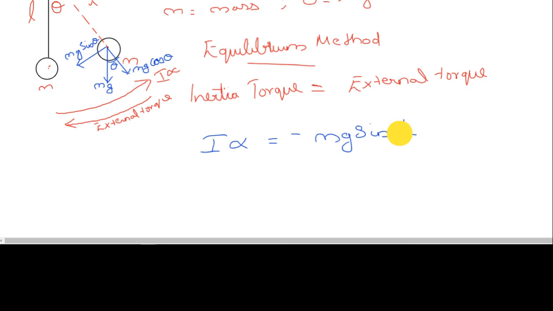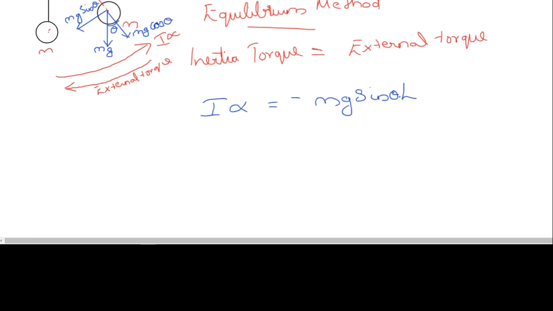This can be called the governing equation by which we will define the natural frequency. We already know alpha is angular acceleration, and if theta is angular displacement, then alpha can be written as d square theta by dt square, because acceleration is the second derivative of displacement.